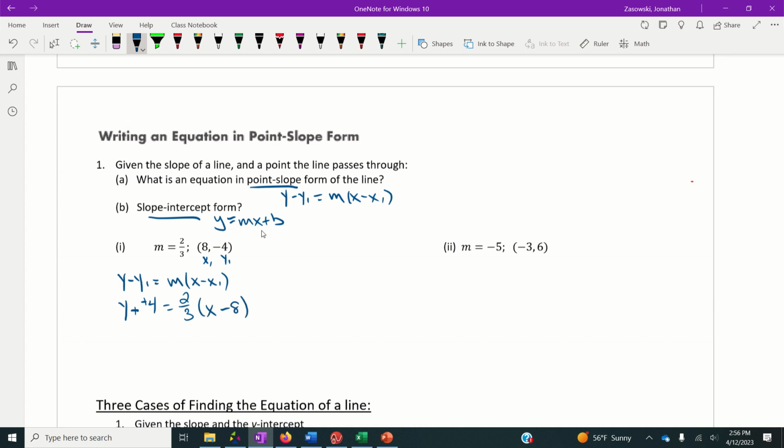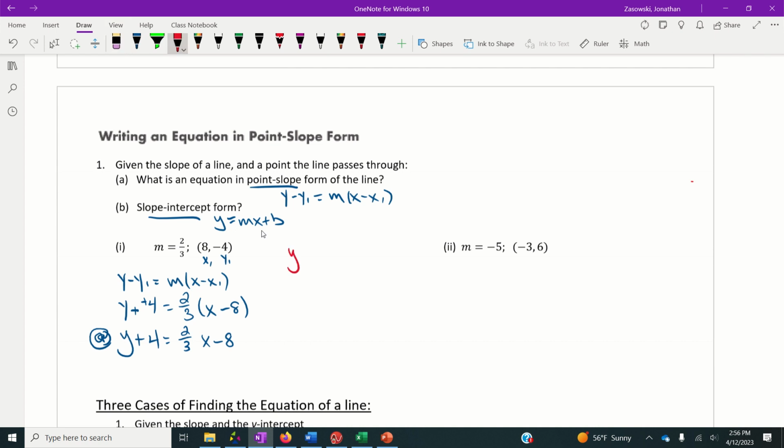That's our formula. It's just y plus 4 equals 2/3 times x minus 8. That is the answer to part A. Part B is to get it into slope-intercept form.